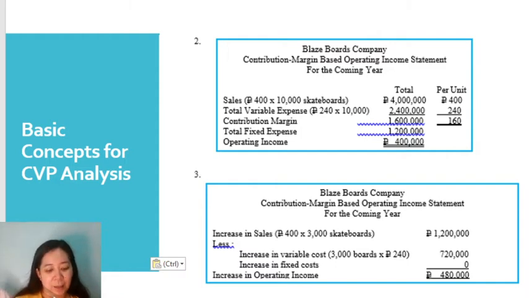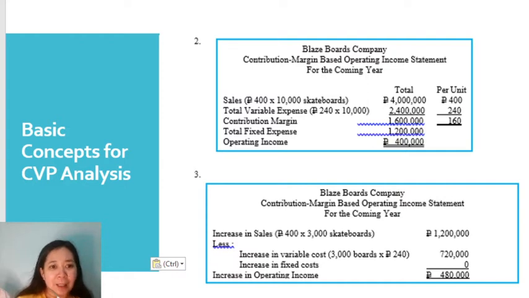Next, under the contribution margin based operating income statement, after we deduct the total variable expenses from the sales revenue, what we will get is the contribution margin. Earlier, if you still remember, we mentioned this formula. Again, to solve for contribution margin, all you have to do is deduct from the sales revenue the total variable expense.